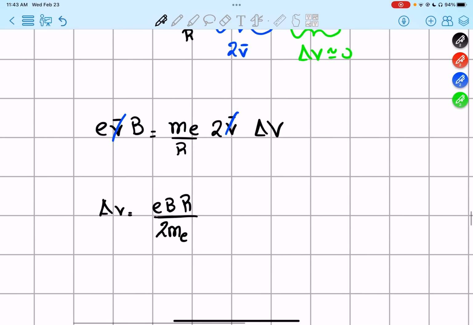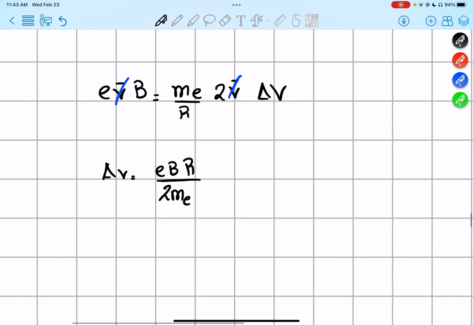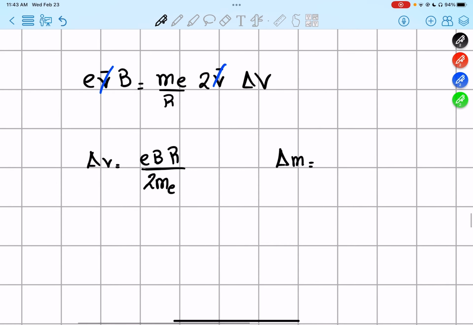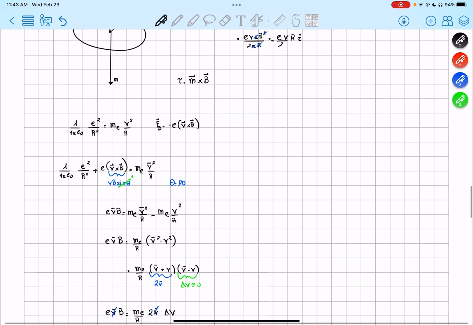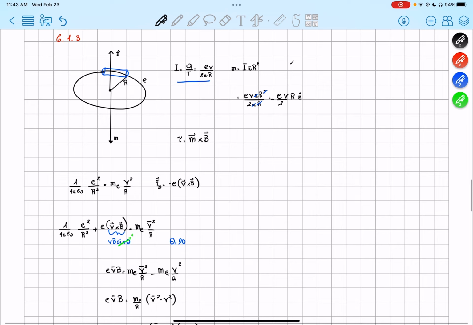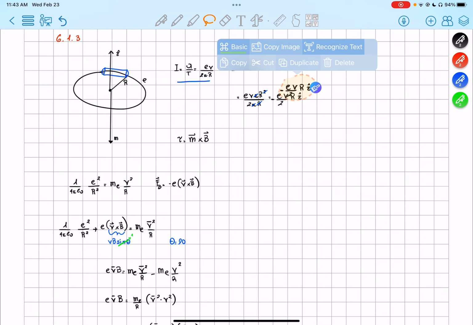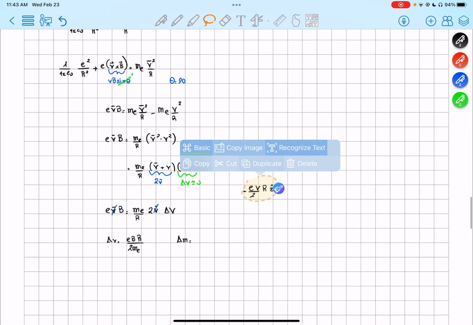So now we can find the change in the magnetic moment, which we said was equal to, let's go back and find it. There it is, right here. This was our magnetic moment.